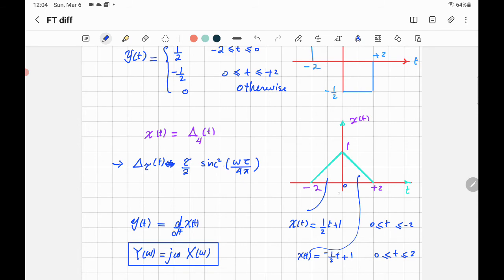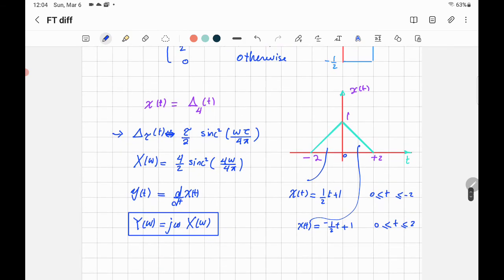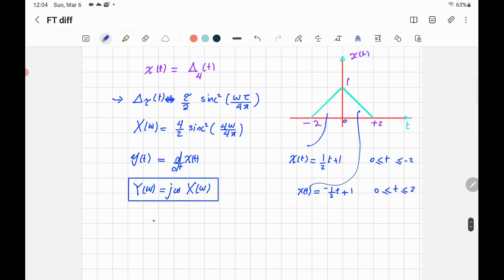In our case, tau is equal to 4 because it's from negative 2 to plus 2. So you can write X of omega is equal to 4 over 2 sinc squared of 4 omega over 4 pi.